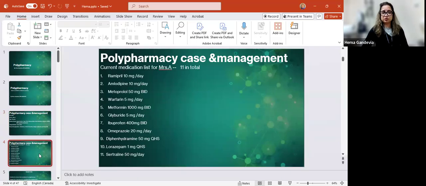Let's look at her medication profile, which is very typical for a senior with multiple health issues. I'm just going to go through the list.